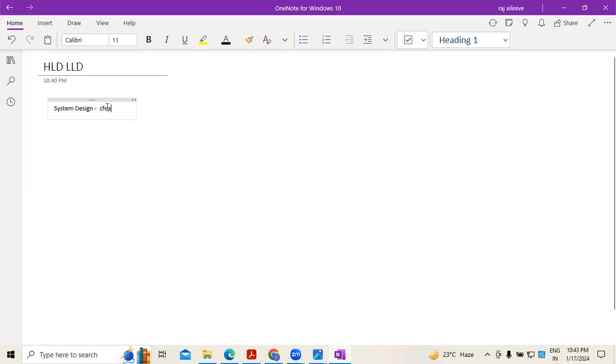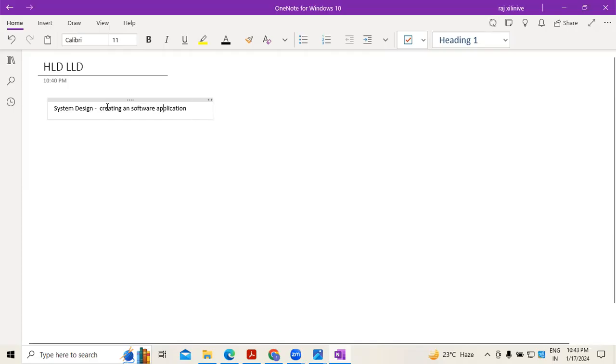So creating an application, creating a software application or a system is called system design.